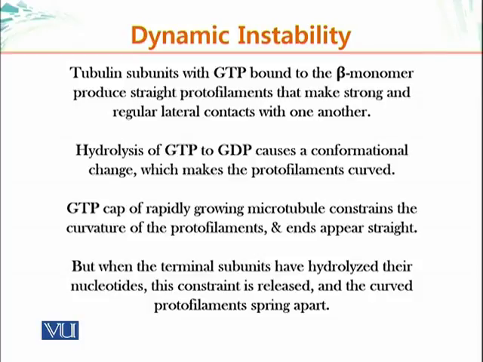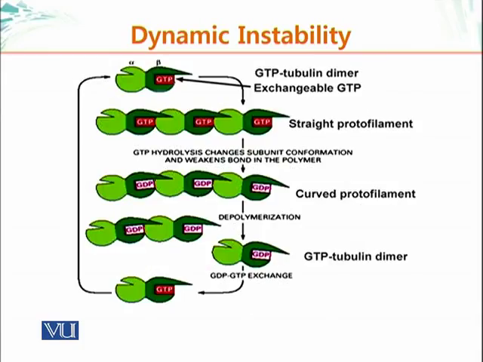D form, the protofilament has a curvature which will tend to split subunits which are making lateral contacts with each other. I'll show you a photograph in the next slide. The GTP cap of a readily growing microtubule constrains the curvature of protofilaments at the end. The ends appear straight. But when the terminal subunits have hydrolyzed their nucleotides, this constraint is released and curved protofilaments spring apart.